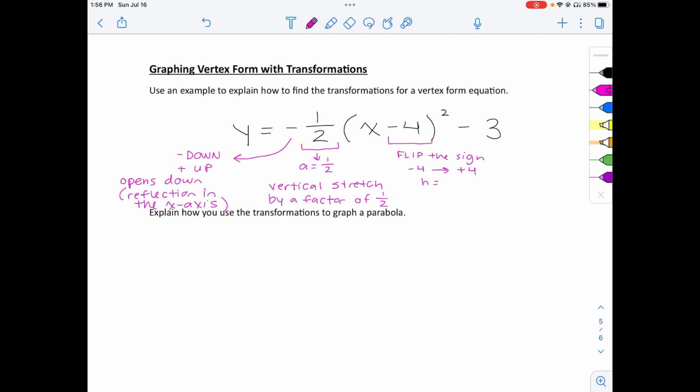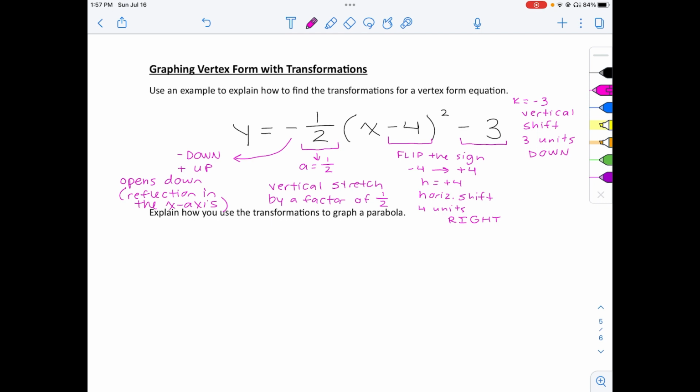Okay, so h is +4, which tells us that this is a horizontal shift 4 units right. And then the last number here, this is my k value, -3. So this tells me there is a vertical shift 3 units down.